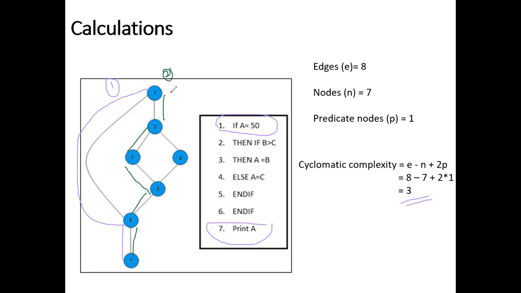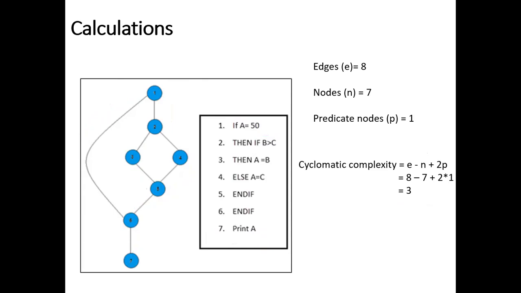My third path will be 1, 2, 4, 5, 6, 7. Other than that, I don't have any paths. That is what is meant by cyclomatic complexity. So you calculate the cyclomatic complexity and get the value as 3.